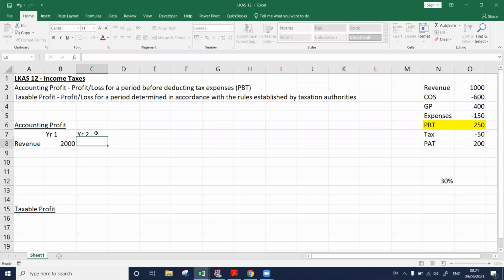In year 2 again, assume the same amount of revenue, we are generating for 5 years. In year 3, our revenue is also 2000. In year 4 also. The same revenue figure we have generated for 5 years.